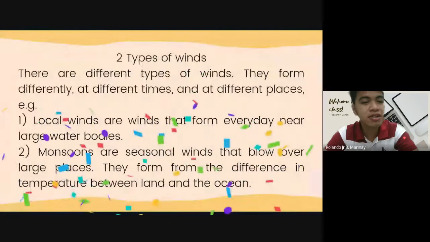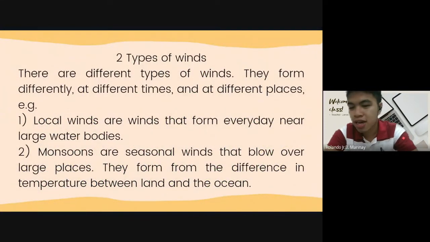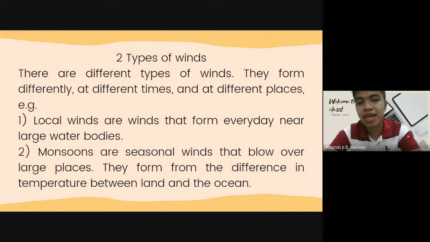The first thing that we're going to discuss, page 131. Okay, there are two different types of winds. They form differently at different times and at different places. The first one is the local winds. Kids, the local winds are winds that are formed every day near large water bodies.